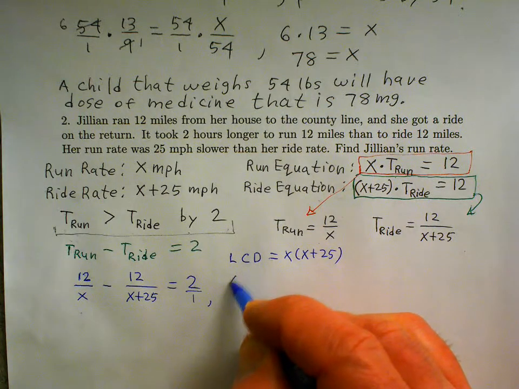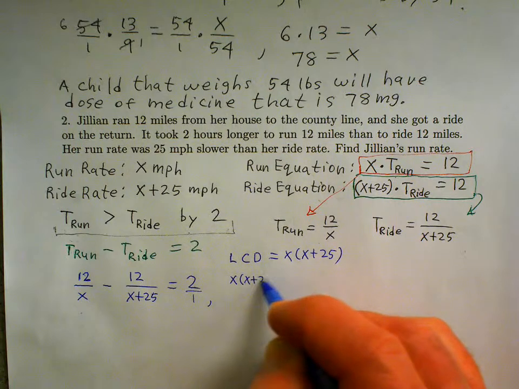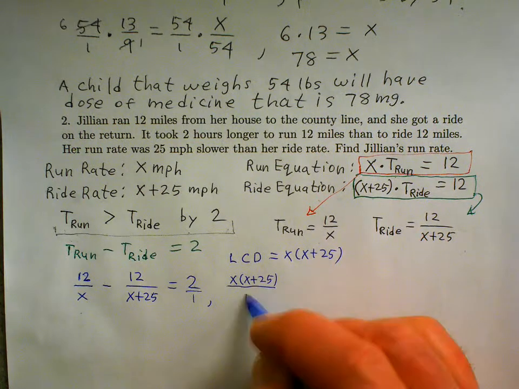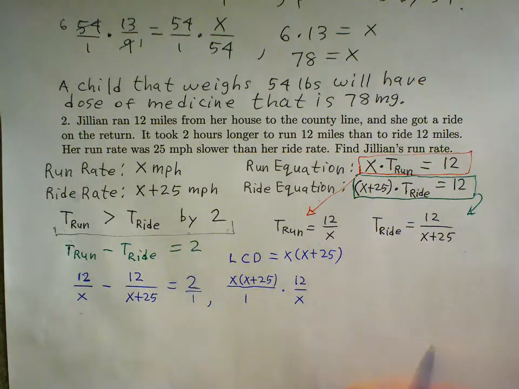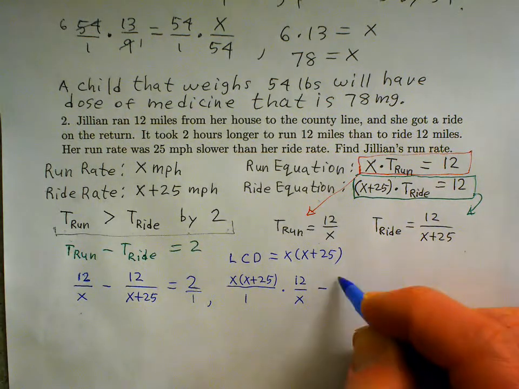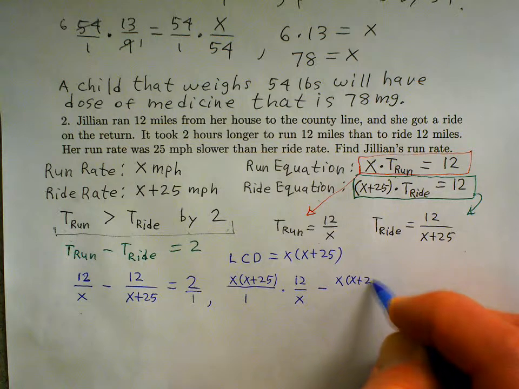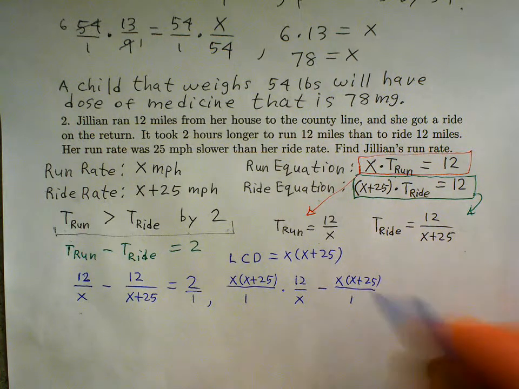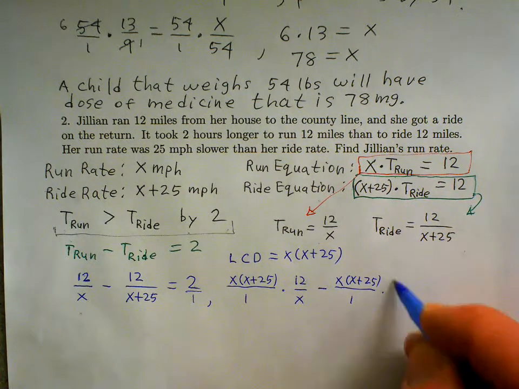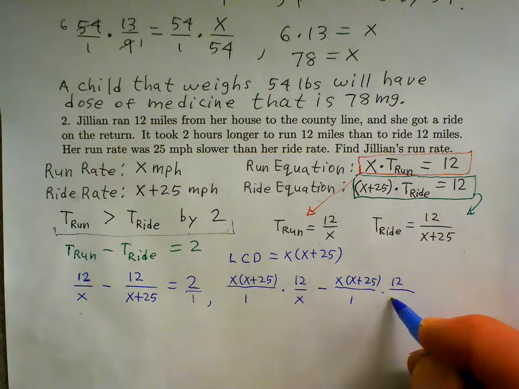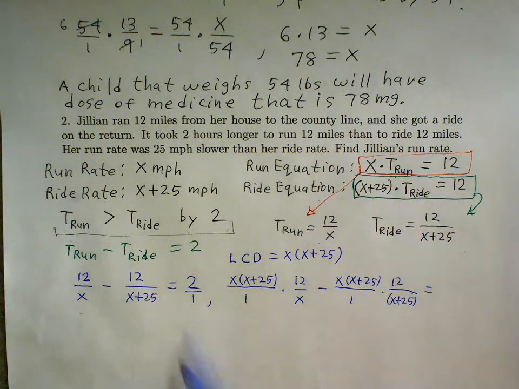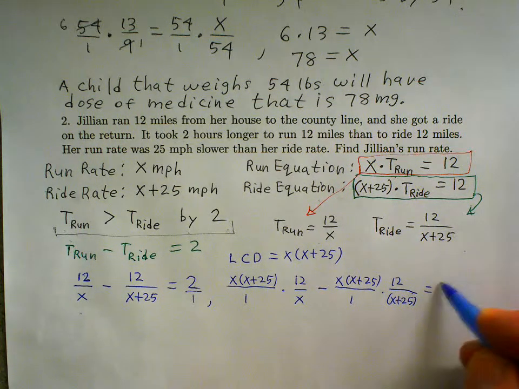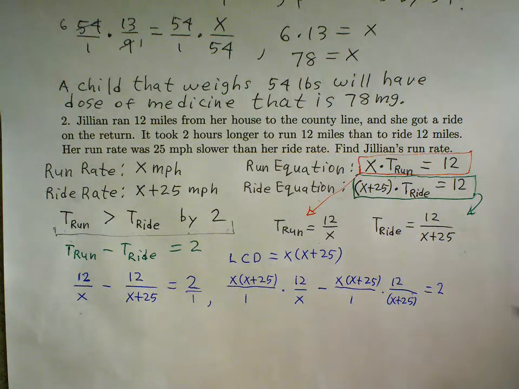So we multiply X times X plus 25 over 1 times 12 over X, and then minus X times X plus 25 over 1 times 12 over X plus 25. And we also multiply the right-hand side of the equation by X times X plus 25.